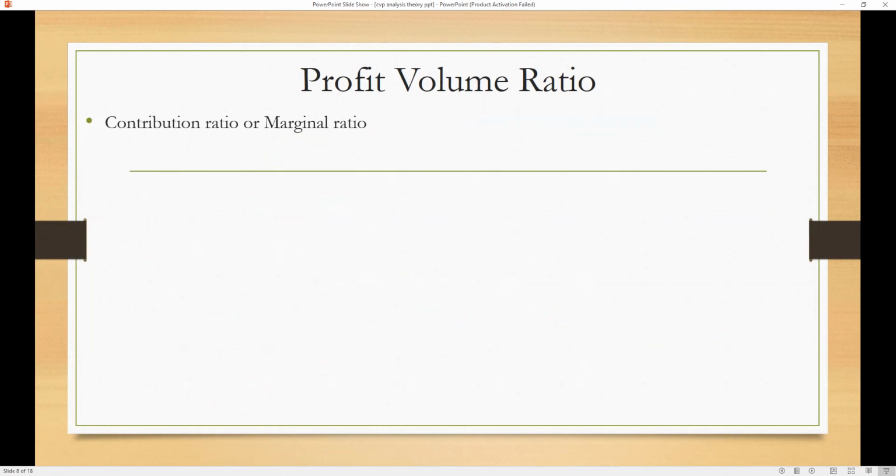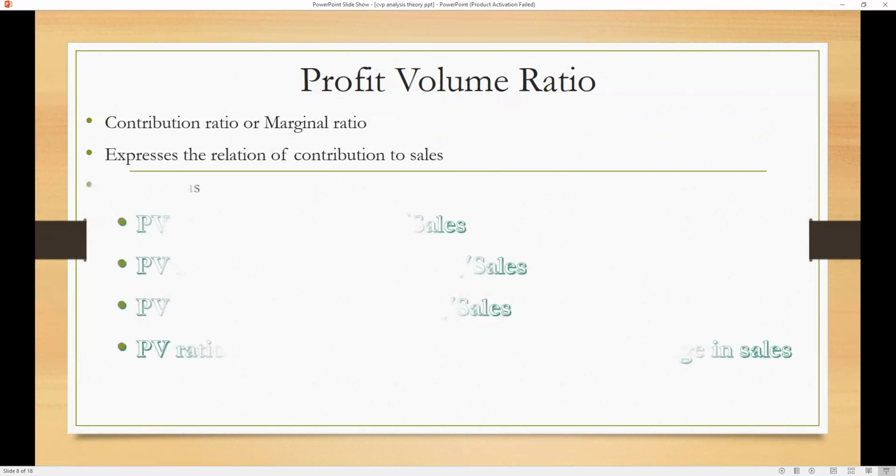Next, coming to the next component of the marginal cost equation is profit volume ratio. In other words, we call it contribution ratio or marginal ratio. This expresses the relationship of contribution to sales. So, PV ratio shows the relationship between contribution and sales. What is contribution? Contribution is nothing but sales minus variable cost.